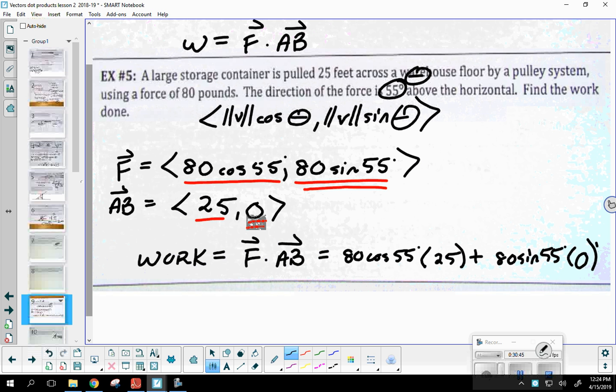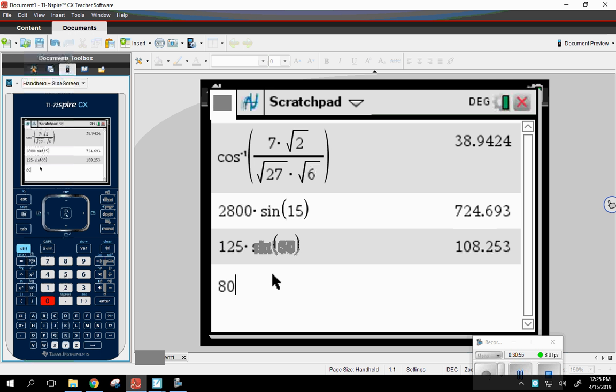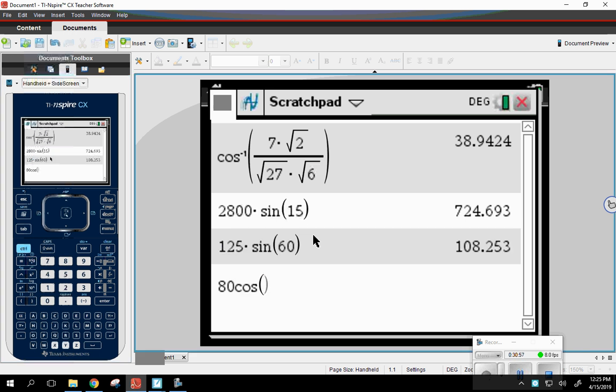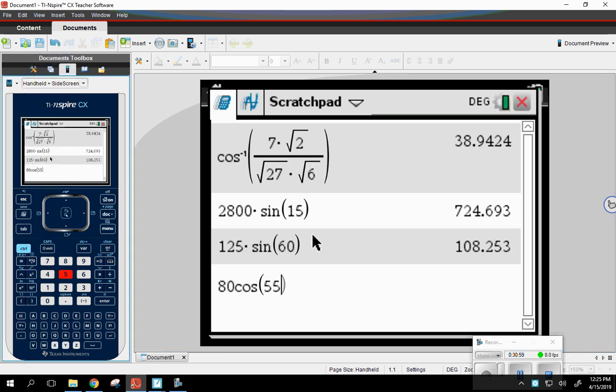But if you're multiplying anything by 0, that guy's just going to disappear, right? So all I've got to do is figure out what's 80 cosine of 55 times 25. So 80 cosine, was it 55? Okay, times 25.